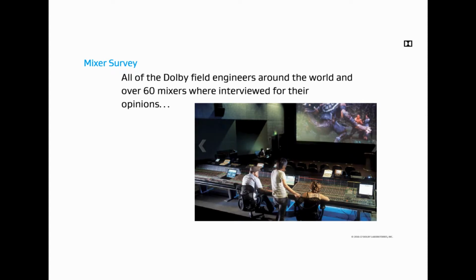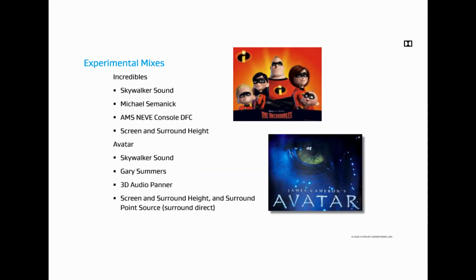This was all happening between 2009 and 2012. 2012 was the first Dolby Atmos title, Brave. In the lead up to that, there was a lot of experimentation, a lot of talking to people in industry, and a lot of collaboration with mixers along the way. Before we came out with Brave, there were 2 key mixers, which were the early Atmos demo mixers: Incredibles, mixed at Skywalker, and Avatar.